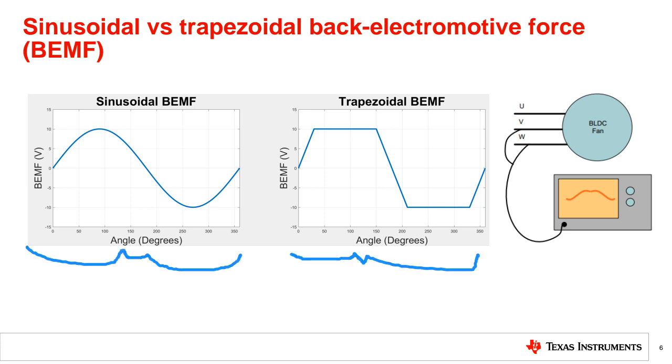If you work in a company, for example, you need to check your back EMF. How can you check? On your screen, you can see, if you have an isolated oscilloscope, you need to check one phase against another phase. The ground cable of the oscilloscope goes to V, for example, and another probe goes to W. If you see a sinusoidal waveform on your screen, this is not a brushless DC motor.